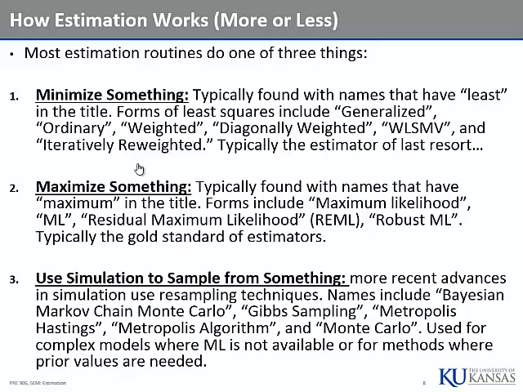Then the last part of it is a little bit newer to statistics, certainly. We use simulation to sample from something. This is Bayesian Markov chain Monte Carlo, as it's usually called. We won't see that a whole lot in this class, if at all, but that does happen a lot more in very complex problems. The reason we don't see it in this class is that even though we have to use maximum likelihood, so we have this iterative algorithm that doesn't just have a closed equation, the closed equation is a lot easier to work with when you're assuming things are multivariate normal.